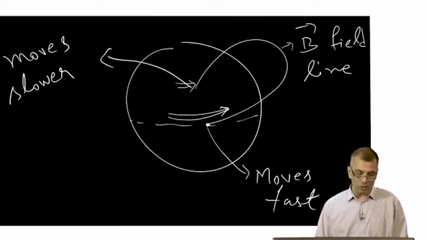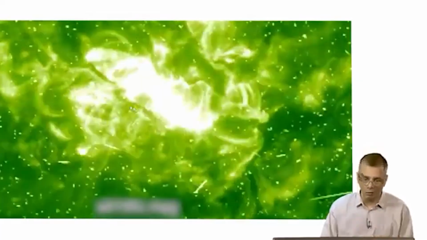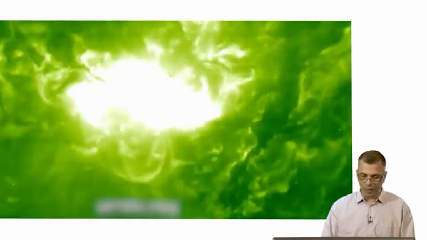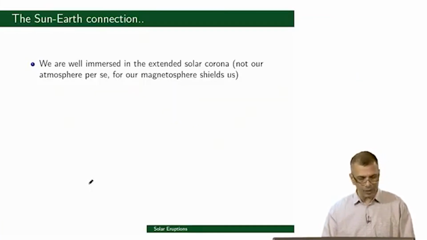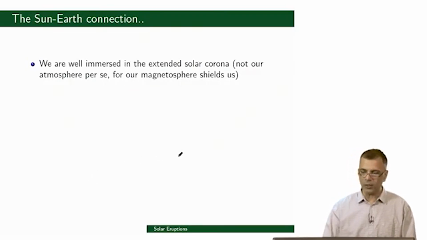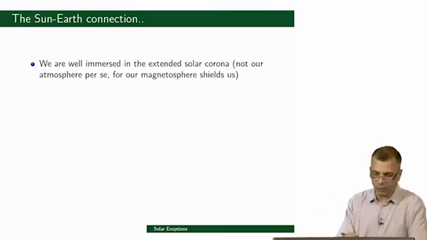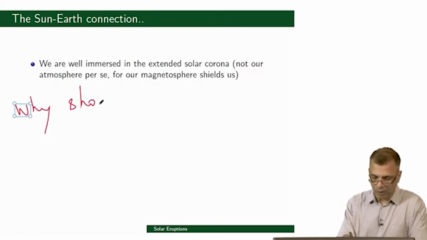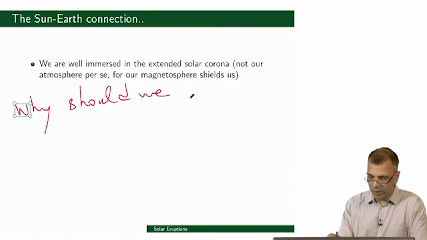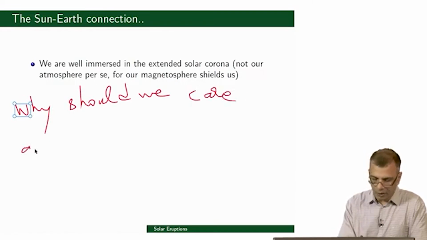Okay, right. So now let's take a step back, and I also told you that these kinds of flares are often accompanied by bodily ejections of plasma, which are called coronal mass ejections. We will come to that, but before that, let us talk a little bit about why we should care about solar eruptions.